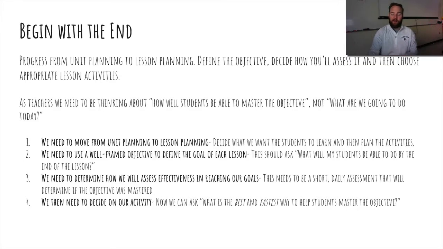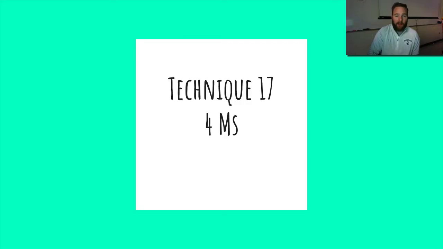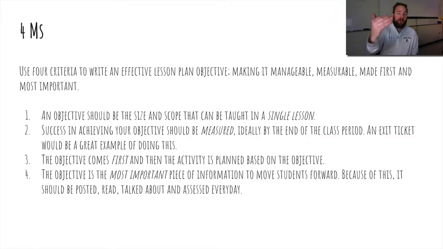Lemov helps us think through that with four M's. There are four criteria to write an effective lesson plan: making it manageable, measurable, made first, and most important. Like we talked about, an objective should be the size and scope where it can be taught in one lesson.